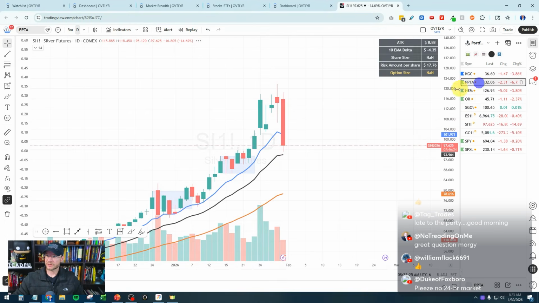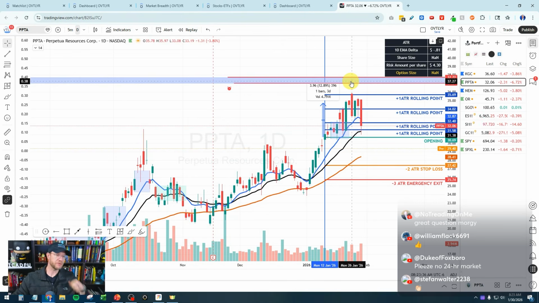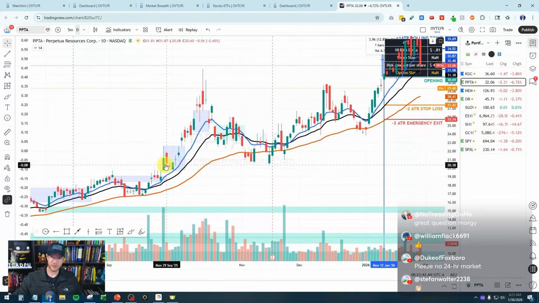Longer-term order blocks, like on PPTA right here, this one from whenever it was, are going to have a lot of sellers who are ready to get out. They are finally getting back to break even. So those are ones you don't want to ignore. But ones from a couple days ago, don't worry about them. Like right here, this order block was created and just destroyed right here as well.